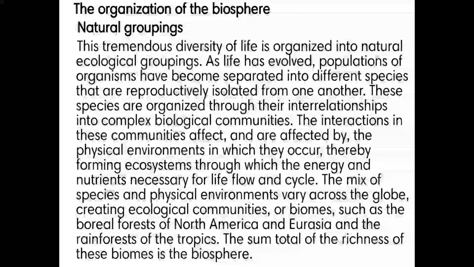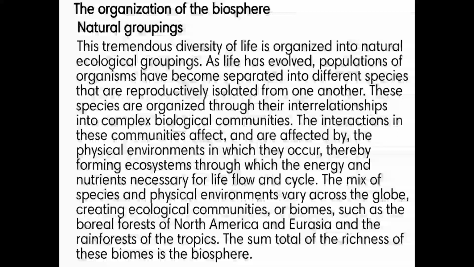These species are organized through their interrelationships into complex biological communities. The interactions in these communities affect and are affected by the physical environment in which they occur, thereby forming ecosystems through which the energy and the nutrients necessary for life flow and cycle.